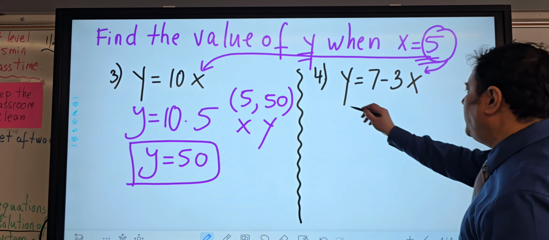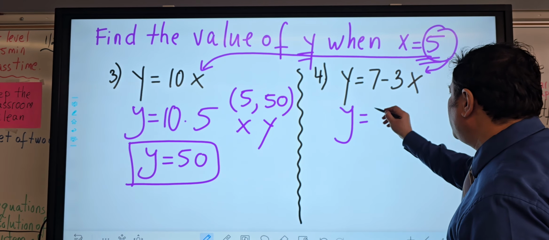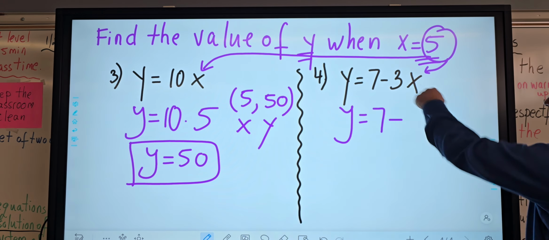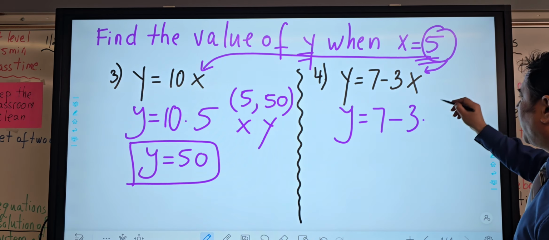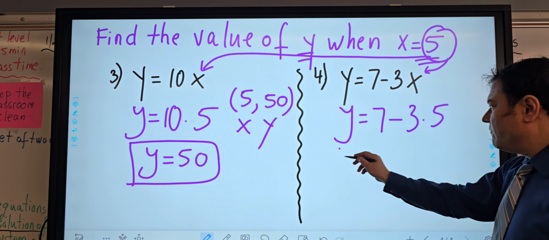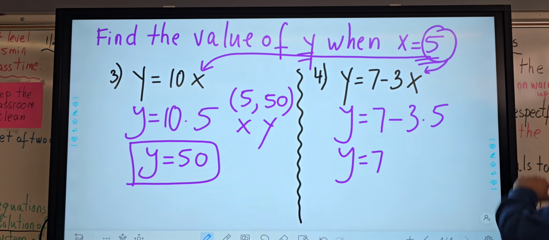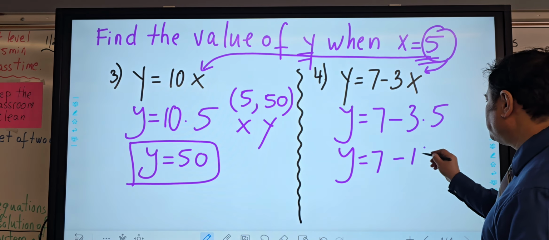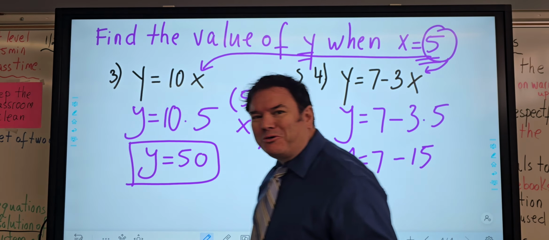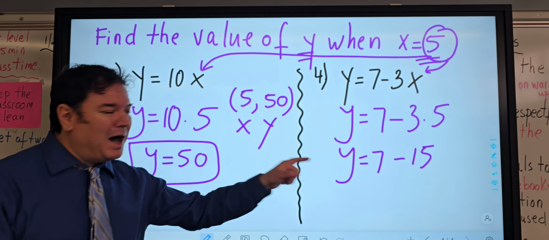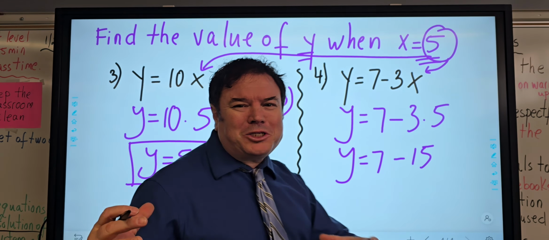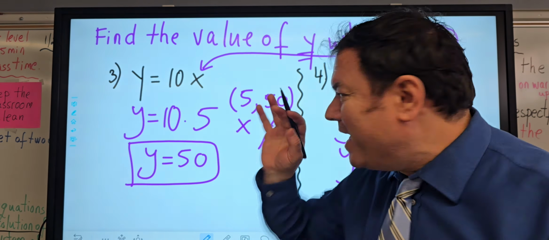So we have y, the output, y equals 7 minus 3 times 5 again. So we have y equals 7, negative 3 times 5 becomes negative 15. And remember my song, right? I hope you remember that song. Opposite sign subtract. Take the sign of the larger number, then will be exact.